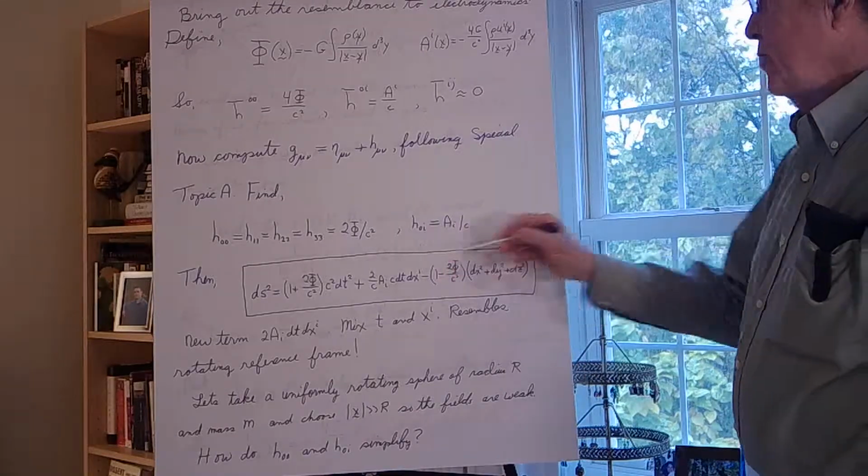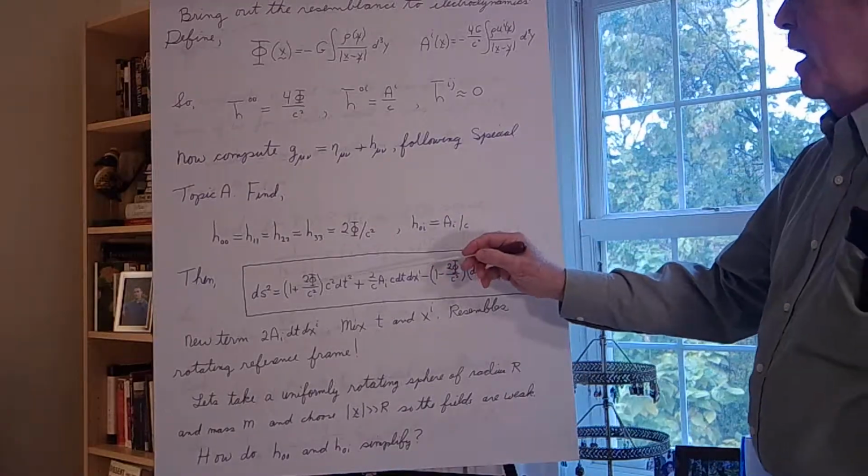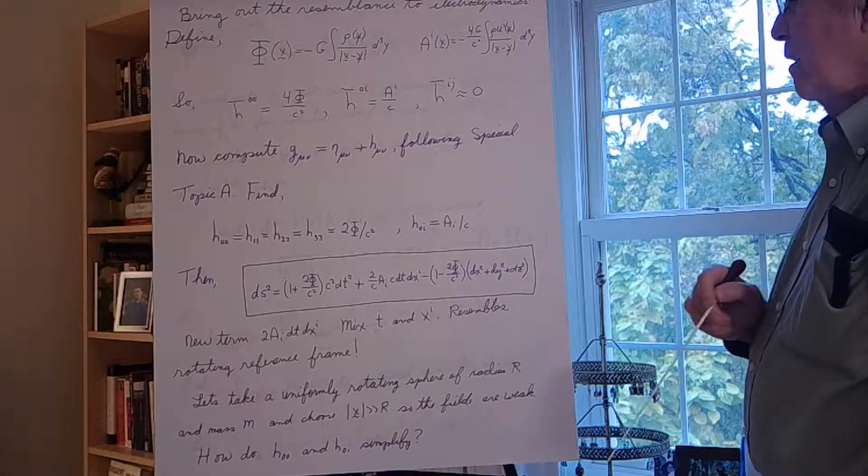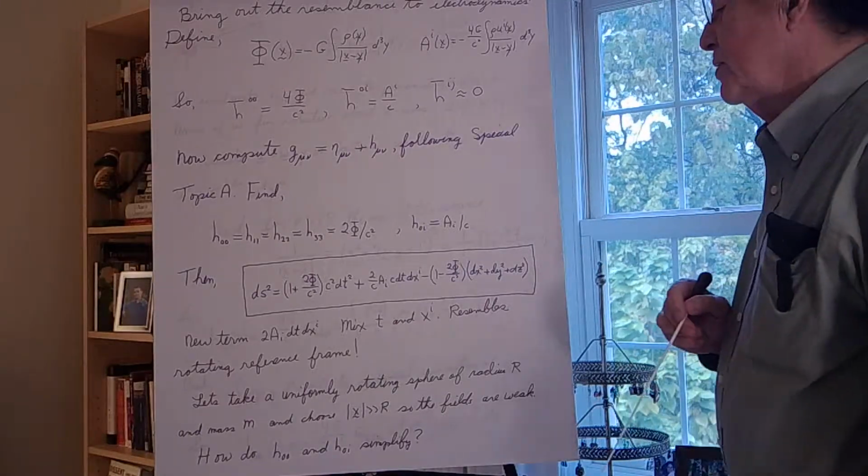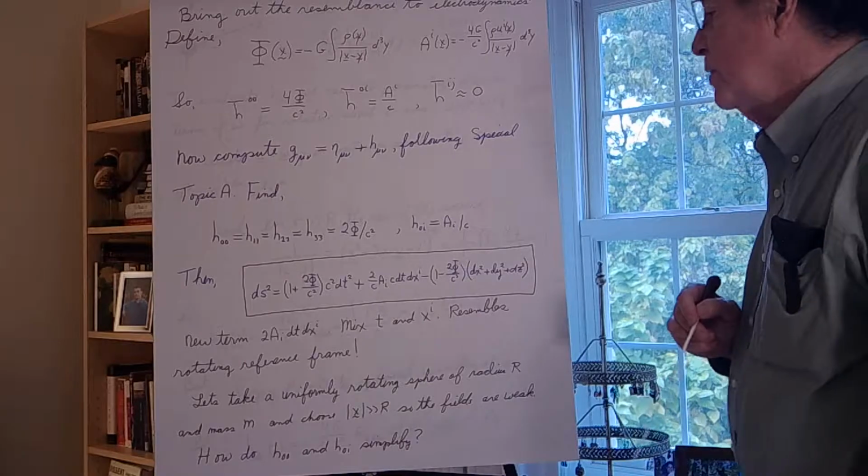Okay, then I can make the metric. So I have the metric, the metric that we call isotropic from special topics A that we discussed on our way to the Schwarzschild metric.